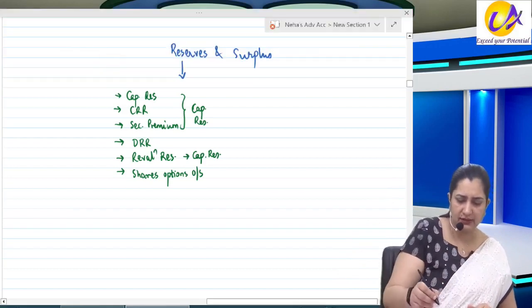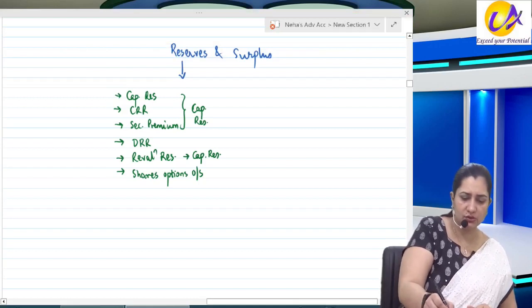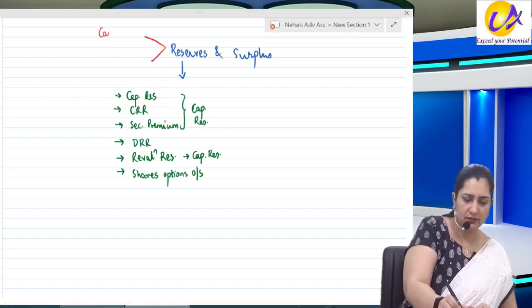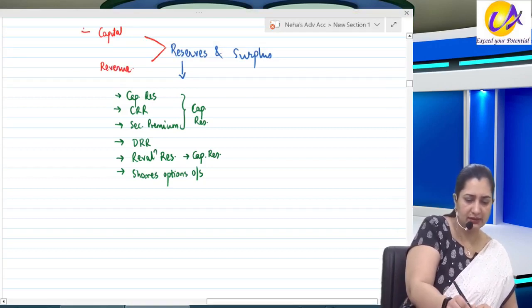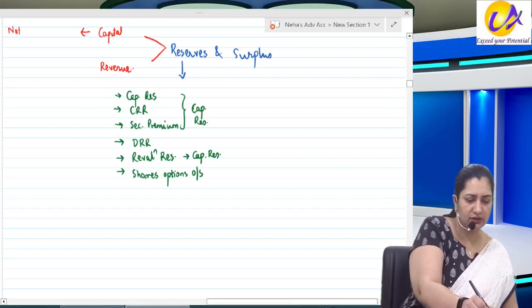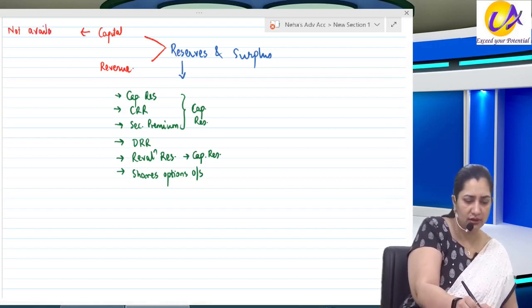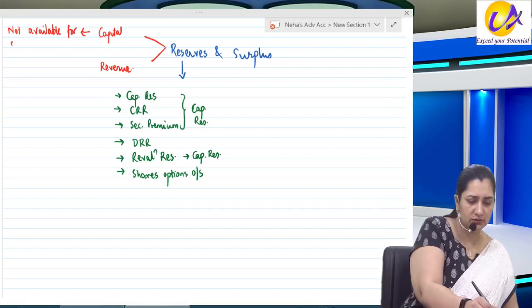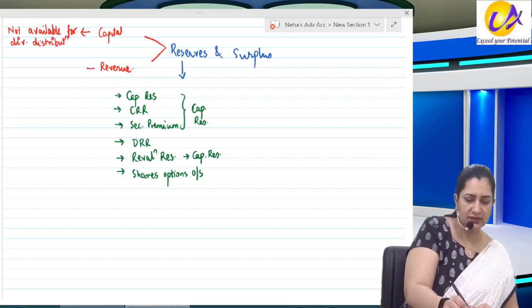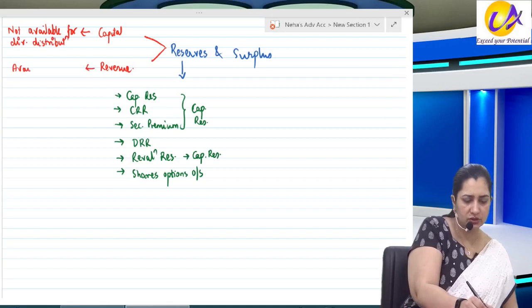So these capital reserves, remember, your reserves could be capital or revenue. Revenue reserves. Capital reserves not available for distribution. They are not available for dividend distribution. And revenue reserves are available for distribution. You can dividend distribution.